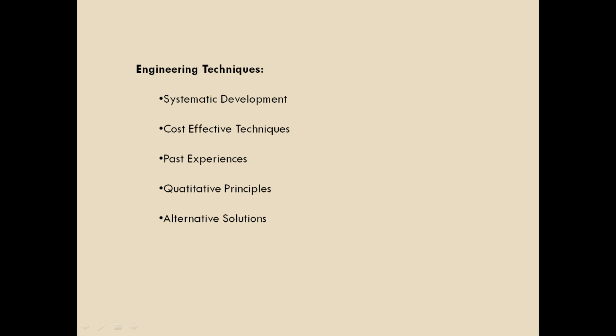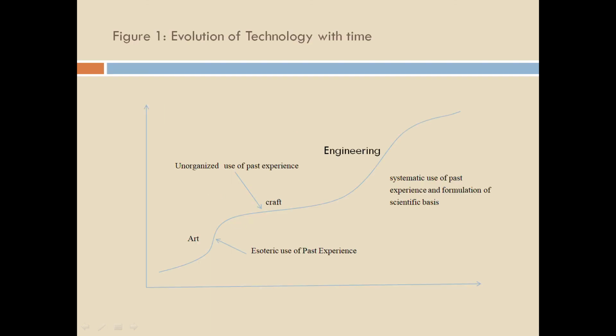The pattern of evolution of technology differs from the early period of development to the later period of development. As it is shown in the figure, an art form makes use of the past experiences in an esoteric manner. That means it is merely making use of the past experiences.